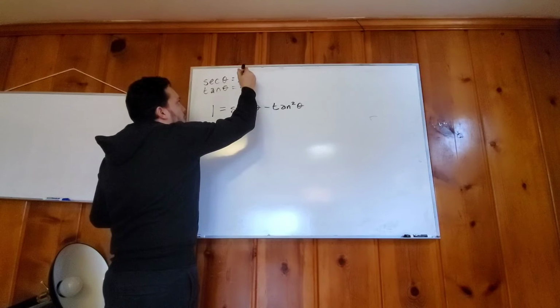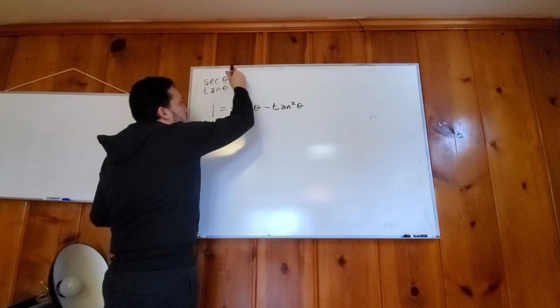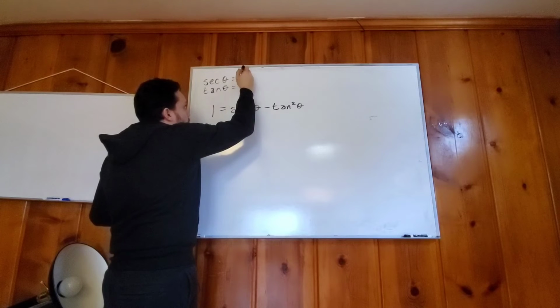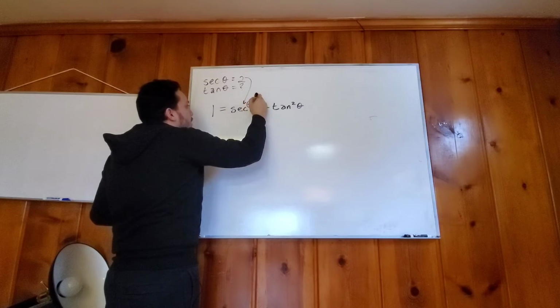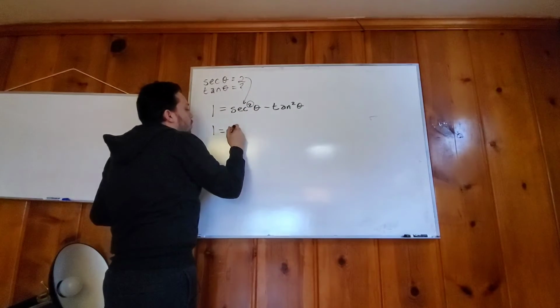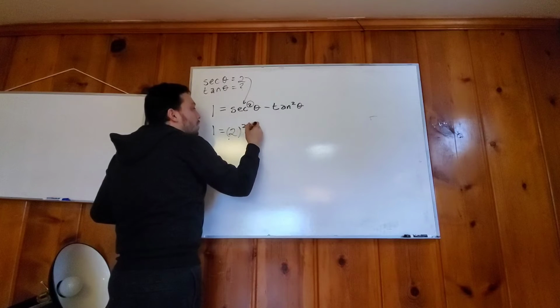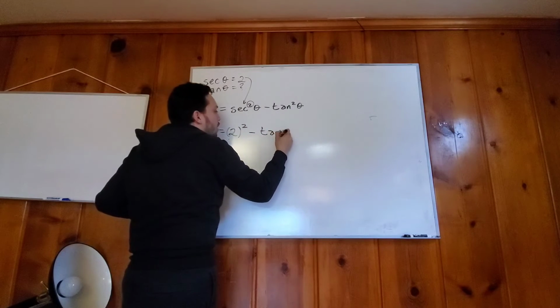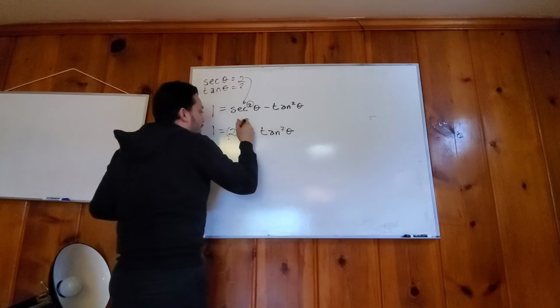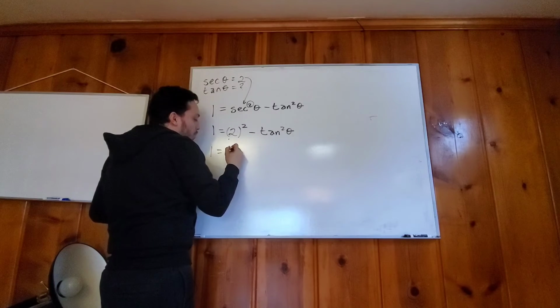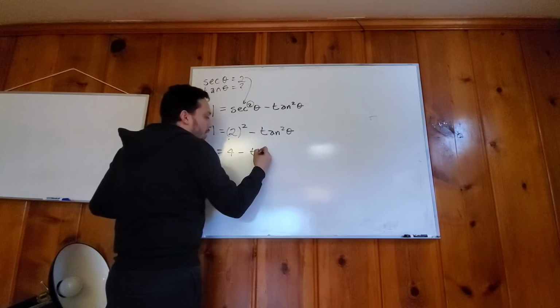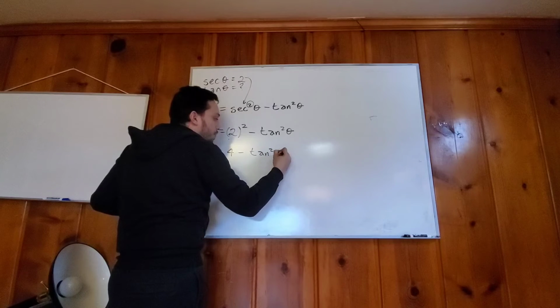And so we know that secant theta is 2, so we're just going to put the 2 right here, but don't forget that it's squared, so it's going to be 1 equals 2 squared minus tangent squared theta. Don't forget about those squares, so it's going to be 1 equals 4 minus tangent squared theta.